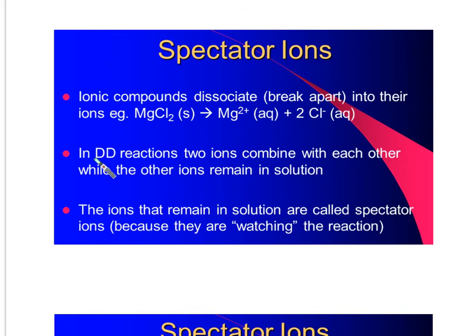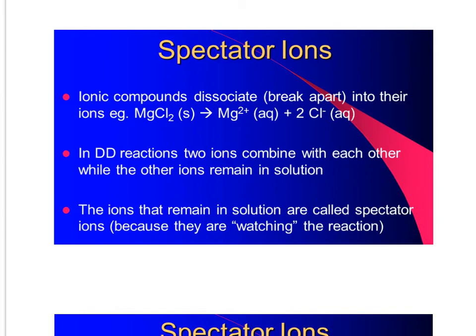Well, in a double displacement reaction, ions can combine with each other to form new products and to form a precipitate, while other ions remain in solution. And it's these ions that remain in solution, the Na+ and the Cl- ions, that are actually called spectator ions. Right? They're just kind of watching the reaction happen.